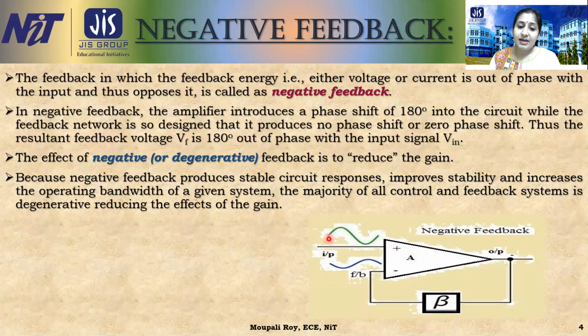See what happens: we give the input, and from the output we get the feedback through a feedback amplification factor. With this factor, the feedback we get is 180 degrees phase shifted with respect to the input. In that way, we give the negative feedback.